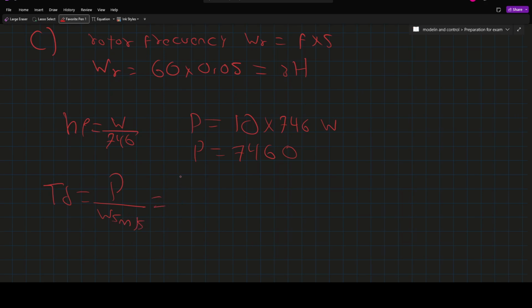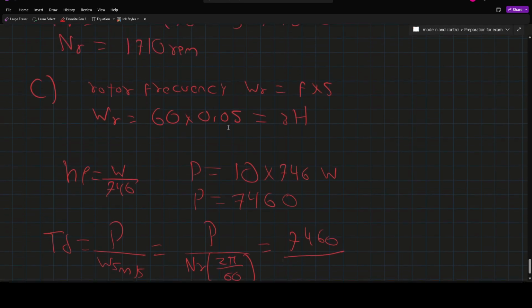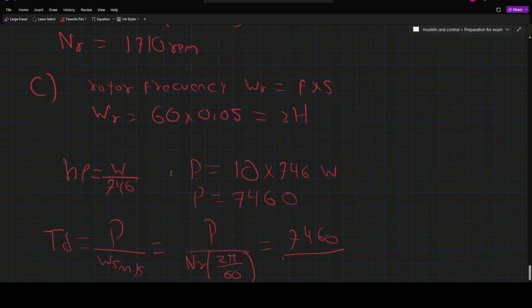So this is equal to the power times 2 pi over 60, over what we calculated before for our speed in the rotor, that is 1710.